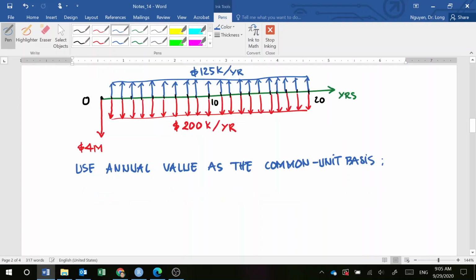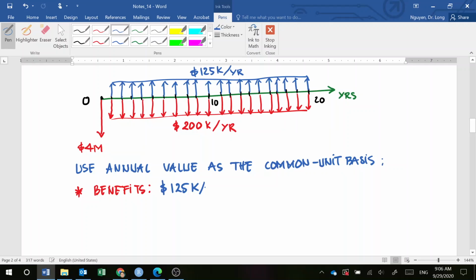We already know the benefit is an annual value already, 125,000 per year.